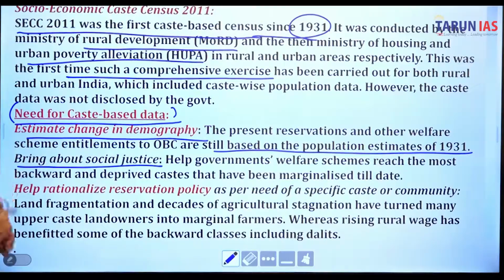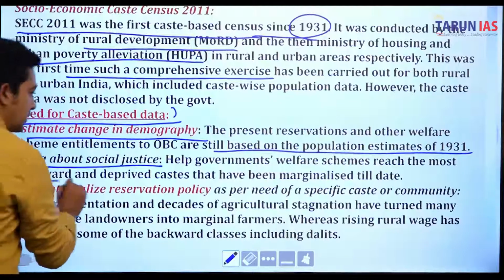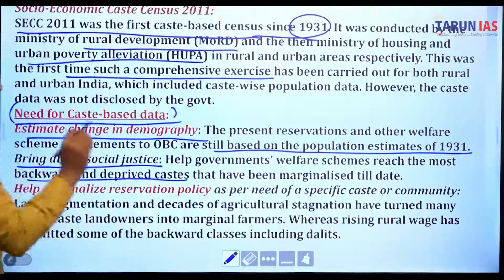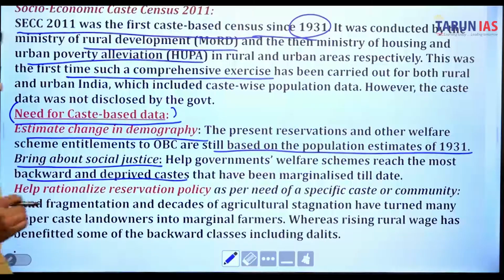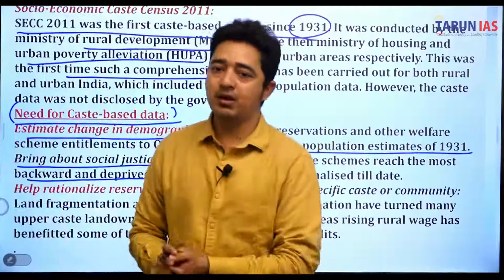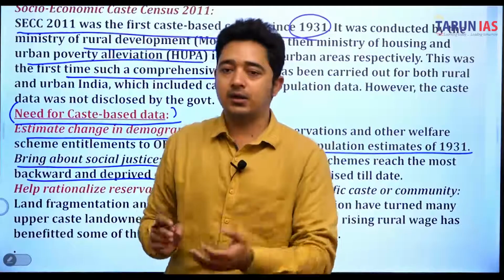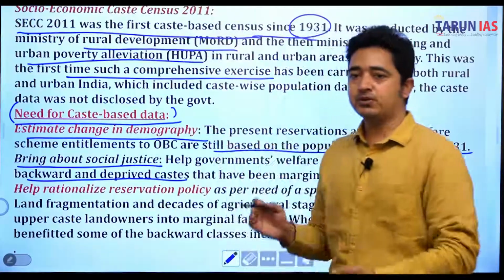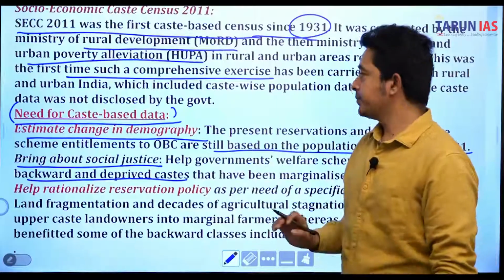It helps the government's welfare schemes reach the most backward and deprived castes that have been marginalized till date, because we do not have any caste census data for the backward castes, which include a majority of people in India belonging to the other backward castes.